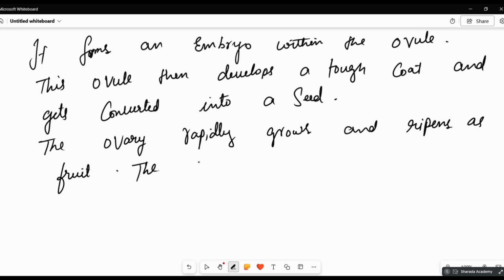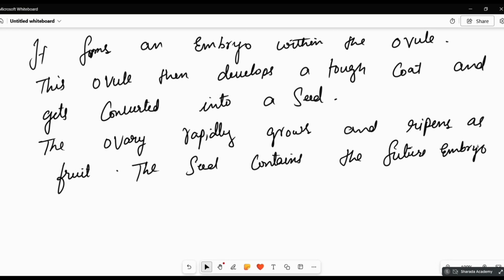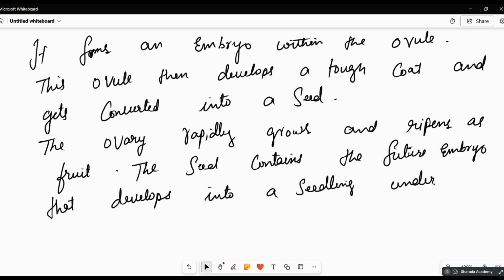The seed contains the future embryo that develops into a seedling under suitable conditions. That is, it grows into a new plant.